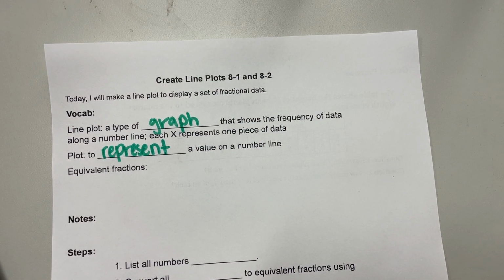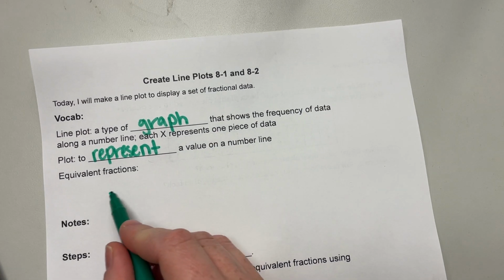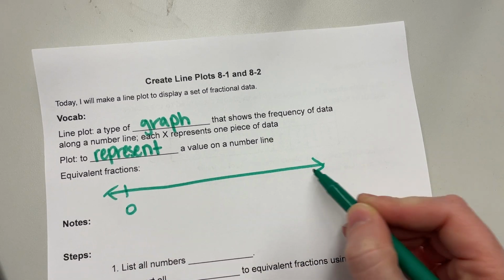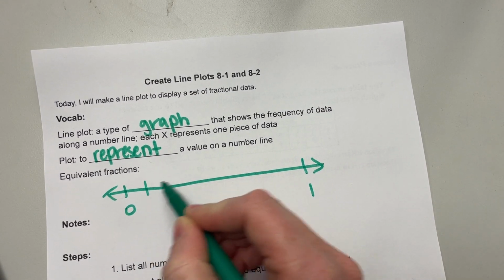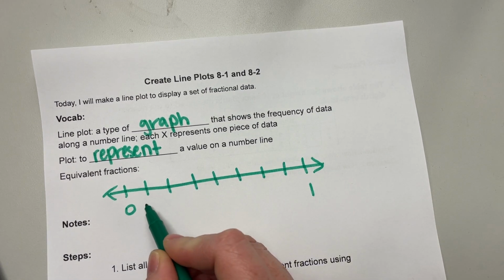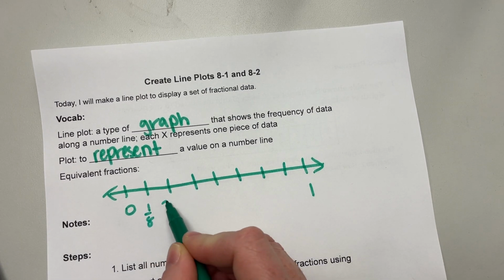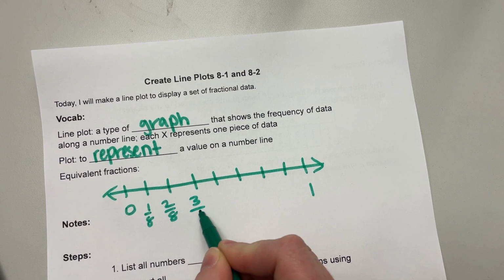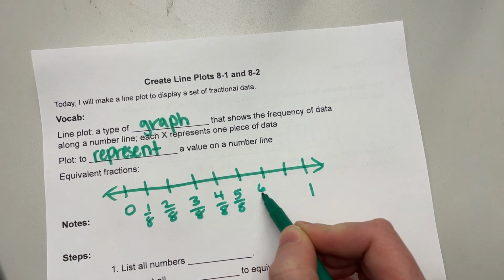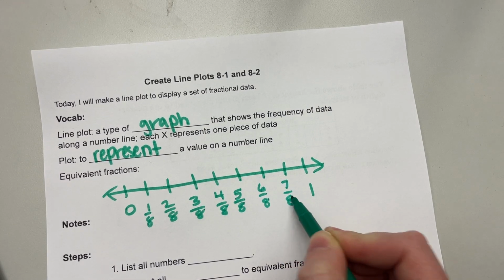And then we have equivalent fractions, and I'm just going to show you this on a number line. If I broke this number line up into eighths, this one would be 1/8, 2/8, 3/8, 4/8, 5/8, 6/8, 7/8.